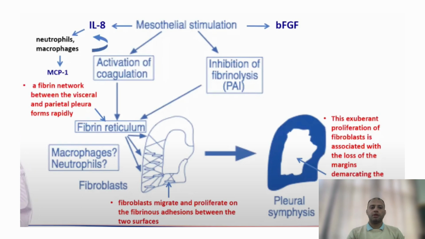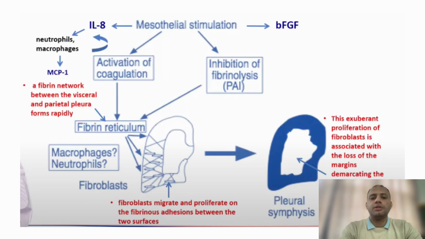So this is a small flow chart showing the mechanism. Here the mesothelial stimulation by interleukin 8 due to any sort of irritant induces the neutrophil macrophage, which induces the MCP1 protein, which helps in the fibrin reticulum. The mesothelial stimulation also directly activates the coagulation because of monocytes, as I talked about, which also helps in the fibrin reticulum.